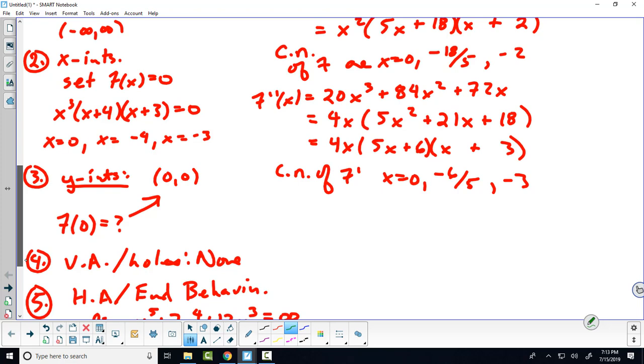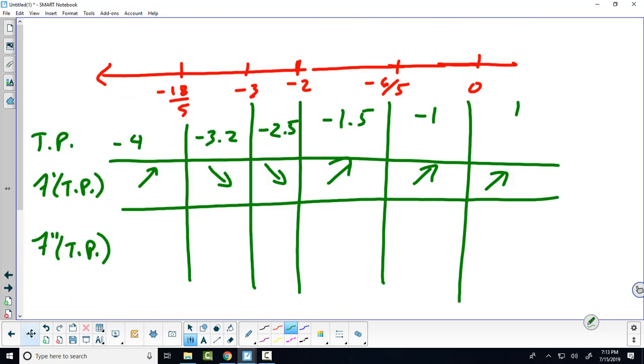So it's negative, negative, negative. So I think we are concave down, concave down, concave up, concave up, concave down, concave up. Folks, check me on that, because I don't have the function in front of me to plug these values into.